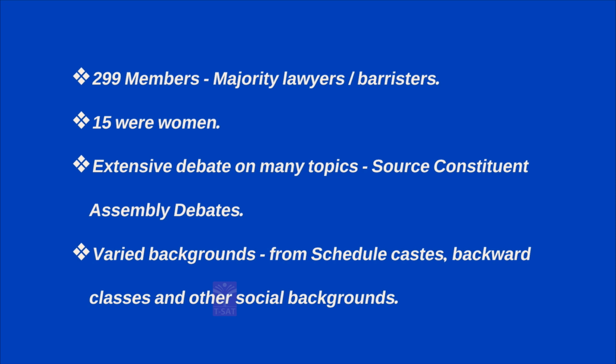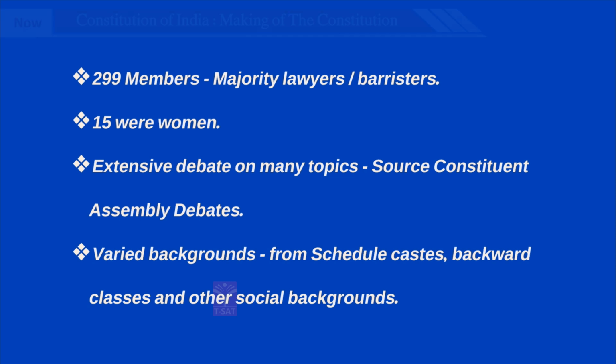Out of 299, there were only 15 women members of the Constituent Assembly, which was very less compared to the strength of men, and very less compared to the present-day strength of women in the legislative assemblies. It was mainly for two reasons.